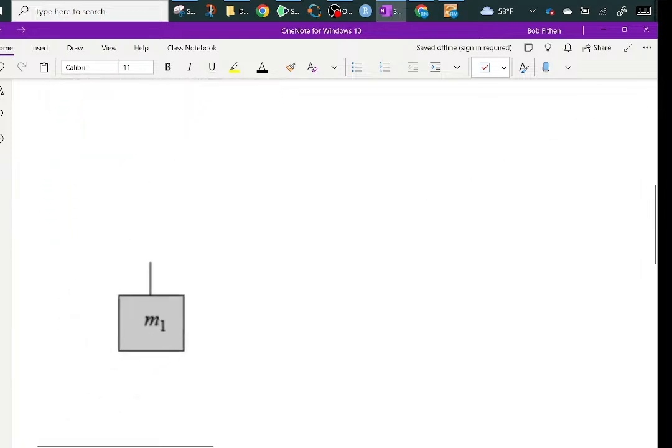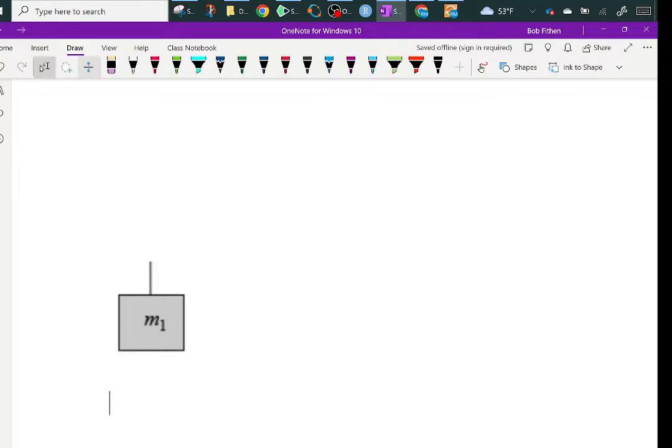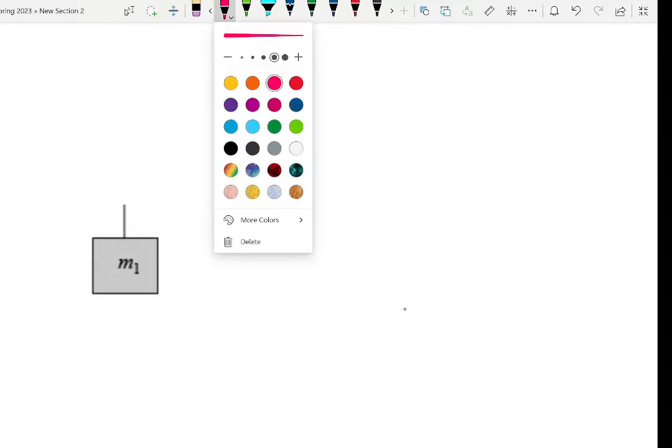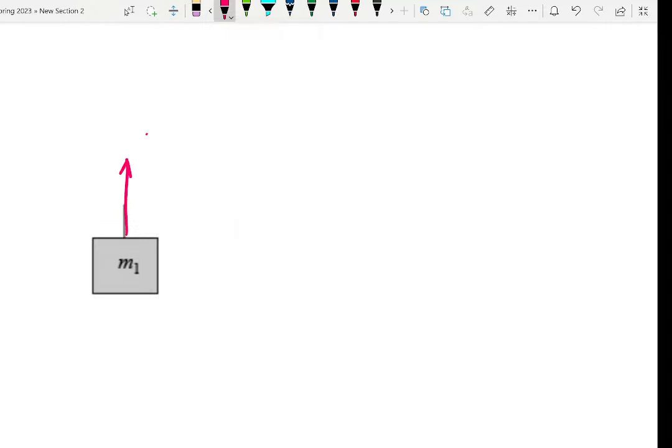If you look at this one, for example, now, where's my pen? If you look at just that one, you got a tension in the rope, and you got, technically, an M1G here, and that's all you have.